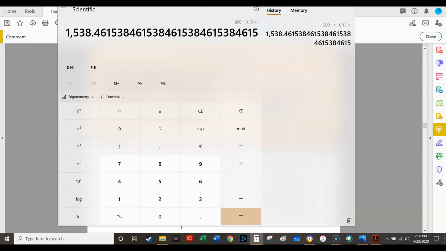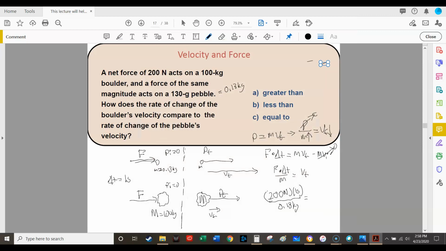That is, oh geez, a big number, 1,538.46 meters per second. Wow. Just make sure I got that number. 1,538.46 meters per second. That is the pebble's speed right there.